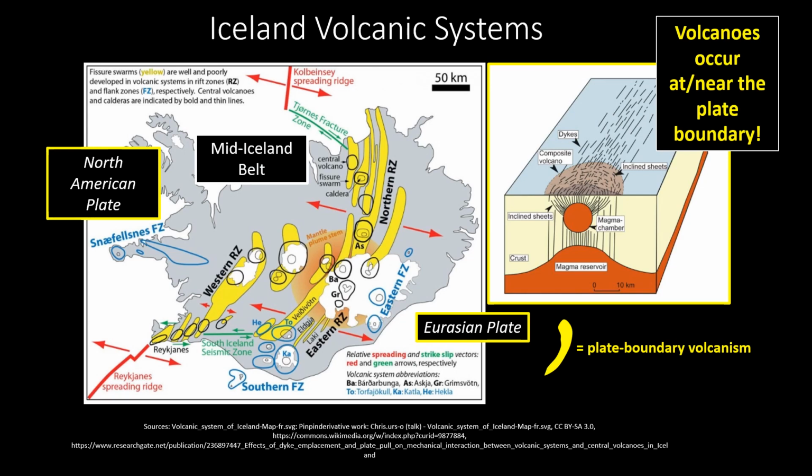So here we are, and the main thing to appreciate about this diagram is that all the yellow areas are areas of plate boundary volcanism.